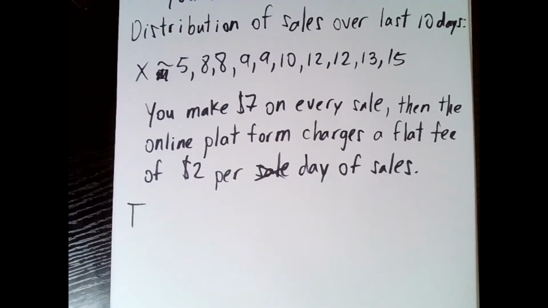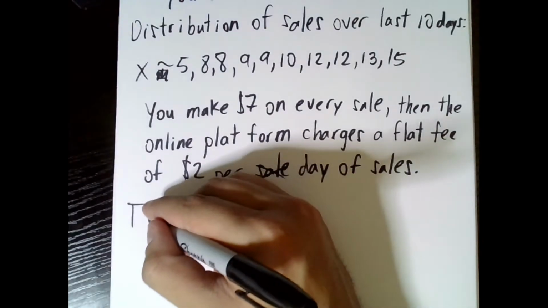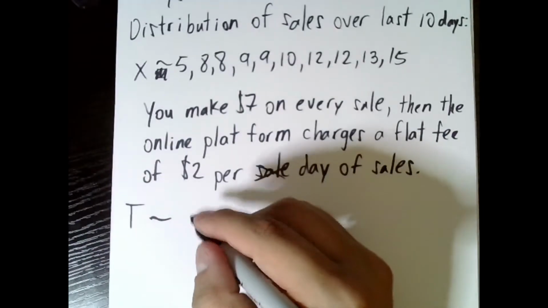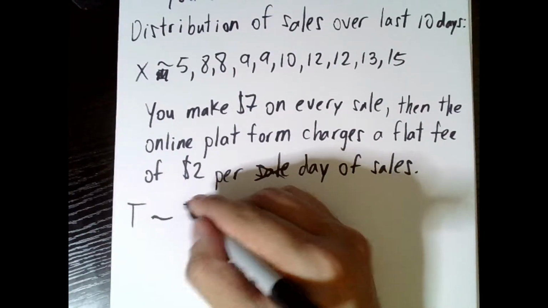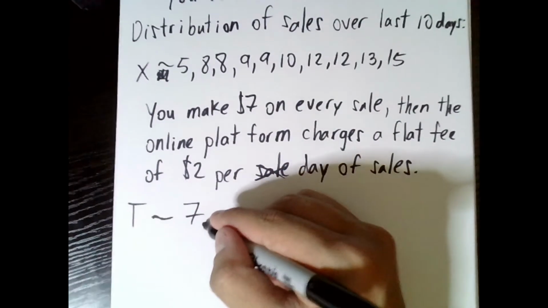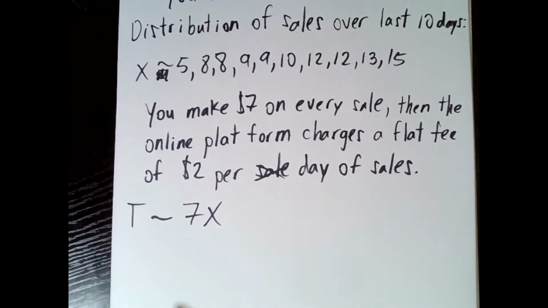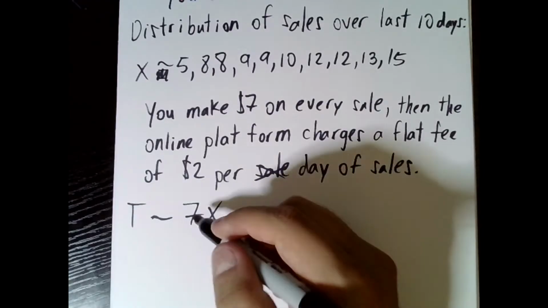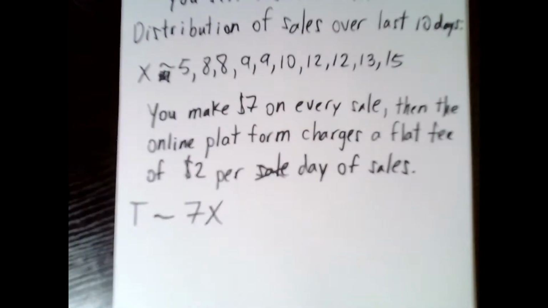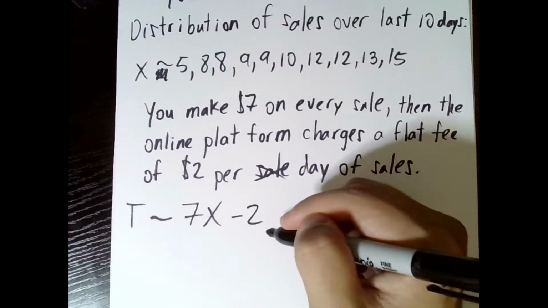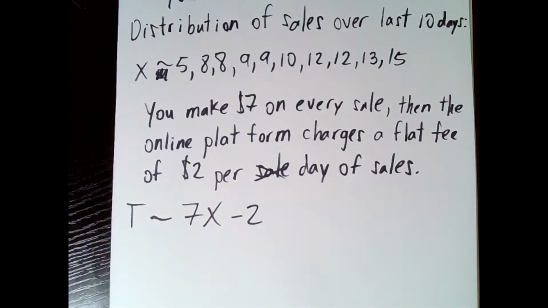That's also going to be a random variable. The way t is going to be distributed is by taking x, the number of sales, multiplying x by your profit per sale, and then what are you going to do to this transformation? Well, you're going to subtract 2 from every day's worth of sales.